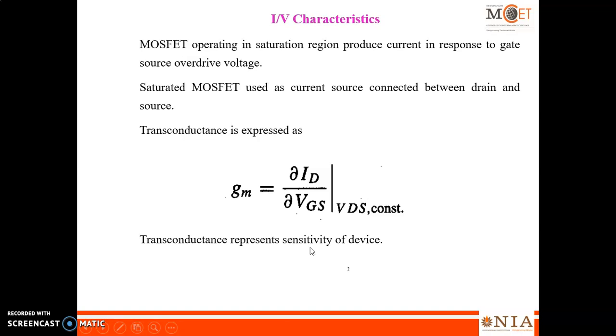If the value of transconductance is high, a small change in gate to source voltage will produce a large change in drain current. Similarly, if the value of transconductance is low, a small change in gate to source voltage will produce only a small change in drain current.